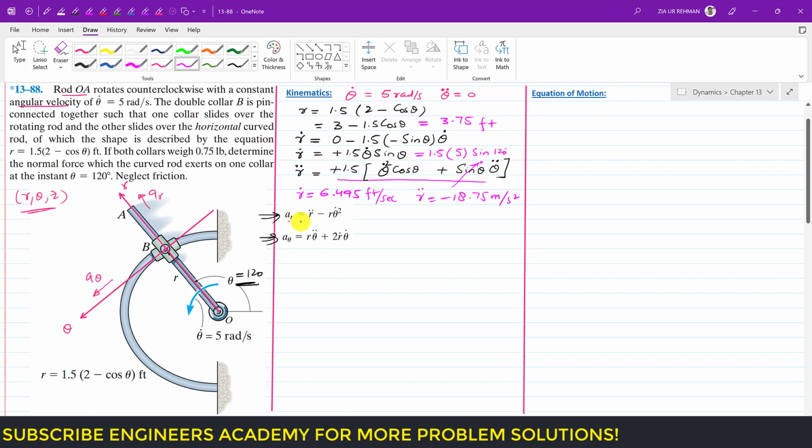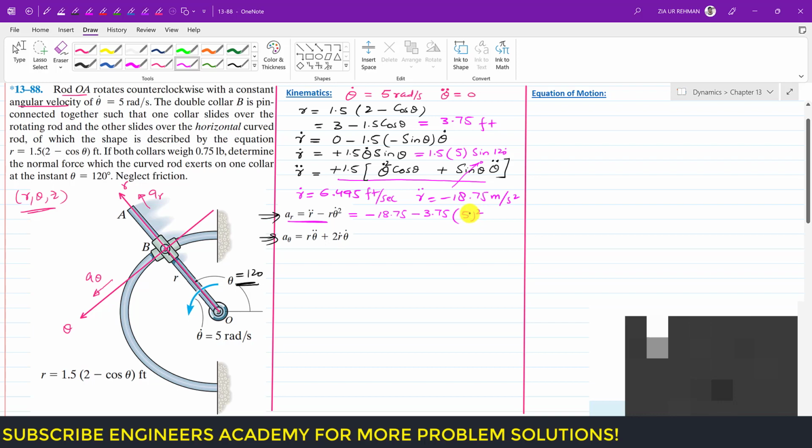Now we can find a_r using this equation. a_r is r double dot, which is minus 18.75, minus r into theta dot square. r is 3.75 when theta is 120 degrees, and theta dot is 5, so this is 5 square.